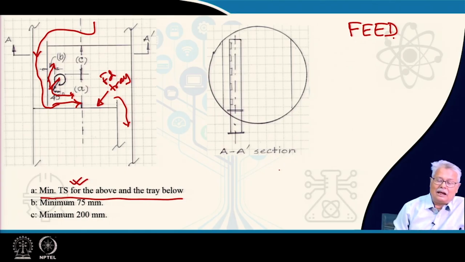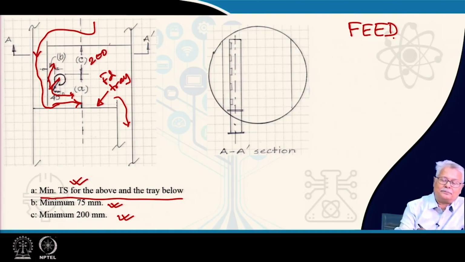Next comes how much away from the apron. You have to keep it about 3 inches away, which is about 75 millimeters, and that is good practice. Then comes how high the upper tray should be above your feed nozzle. The good practice is to have a 200 millimeter gap, that means 200 minimum.